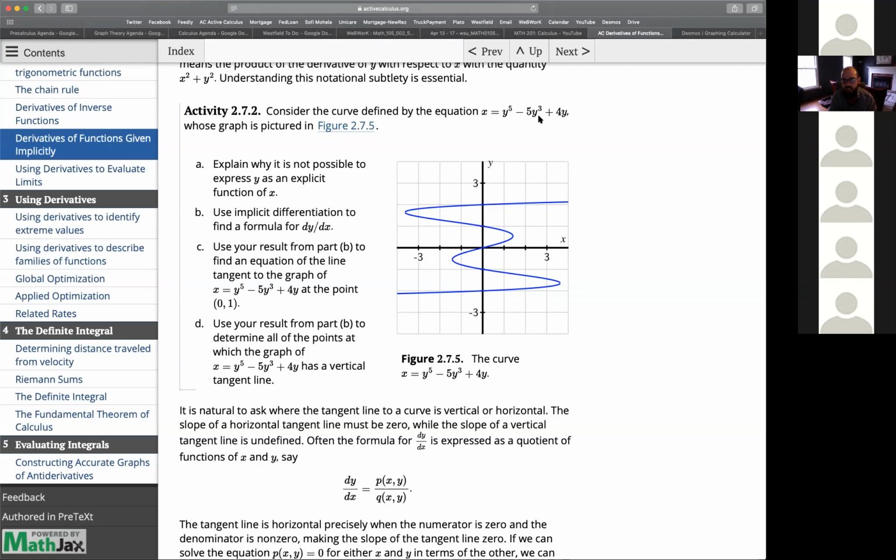There's too many y's. Yeah, there's lots of y's, but that doesn't always preclude us from solving for them. So the answer here isn't that it's really hard. It certainly would be hard to solve that for y, but if we look at this visually, I think the visuals point more to why this is impossible.